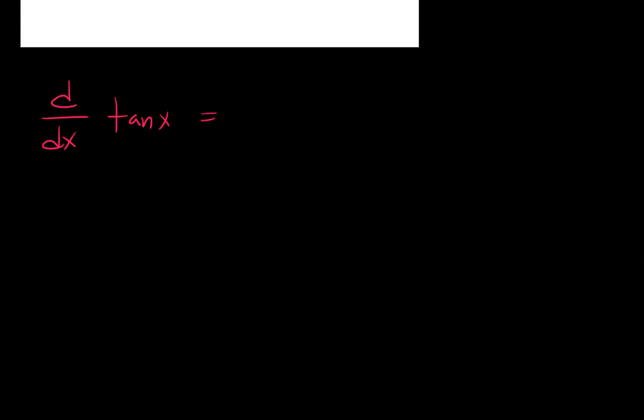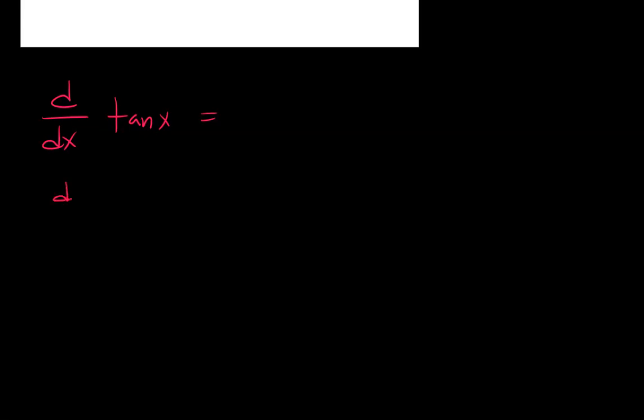So basically, forever ago, once all those old people figured out how to do the derivative of sine and cosine, then they immediately figured out how to do the derivative of all 6 trig functions. And that's because, if you remember from pre-calc, all 6 trig functions can be written in terms of sine and cosine.